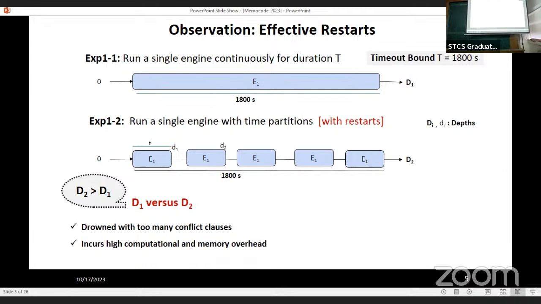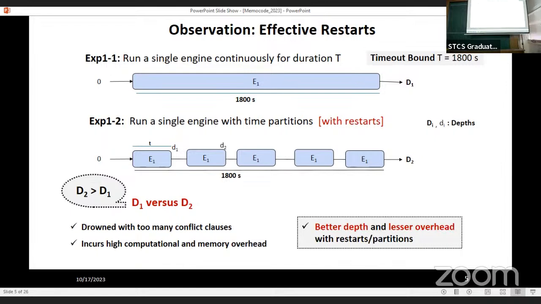After a certain point of time, the set of conflict clauses increases so much that your system starts thrashing, meaning the footprint of the clauses is more than the RAM that you're using. And that essentially slows down performance. In which case, the restarts essentially give you a very interesting performance improvement. So this was the first experiment that we did. So better depth and lesser overhead with restarts and partitions.